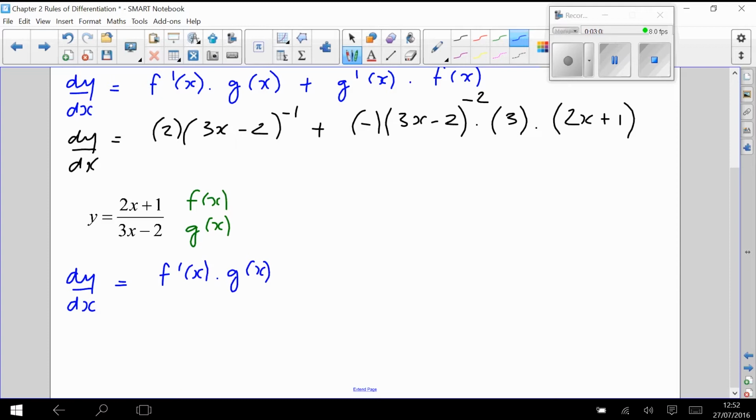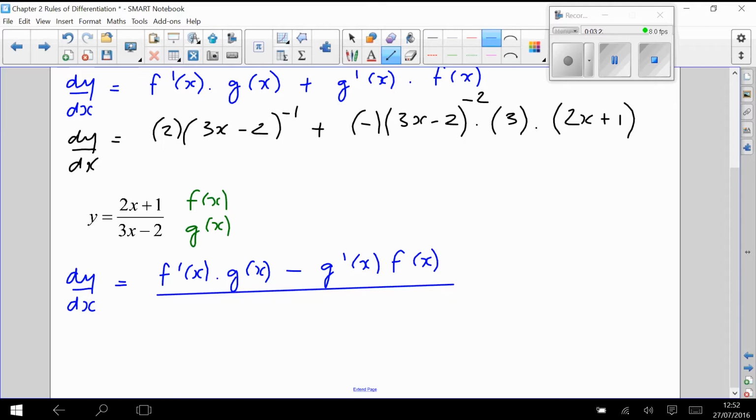Now instead of plus, you minus. Find the derivative of the bottom function and times it by the top function. Unfortunately, that would have been easy if we had had that as our answer, but that's not quite where we end. We still need to put this all over the bottom function, which was g of x, all squared.